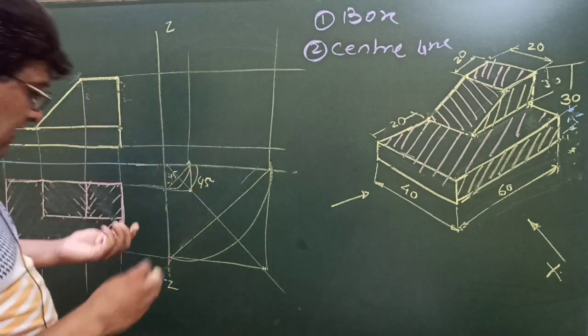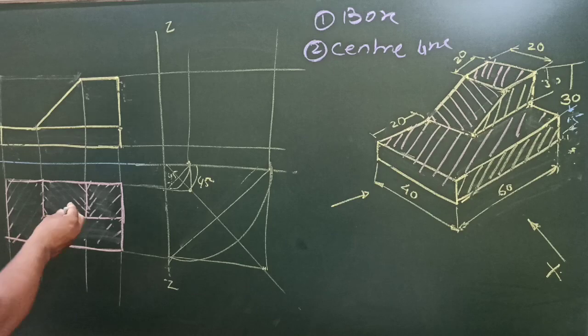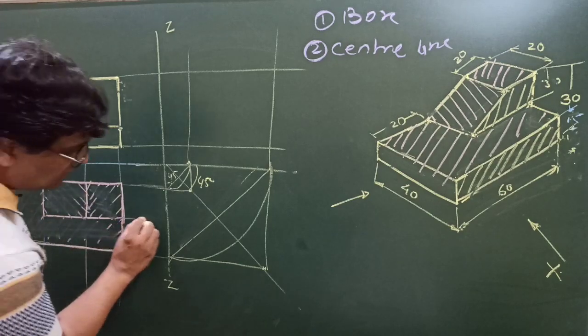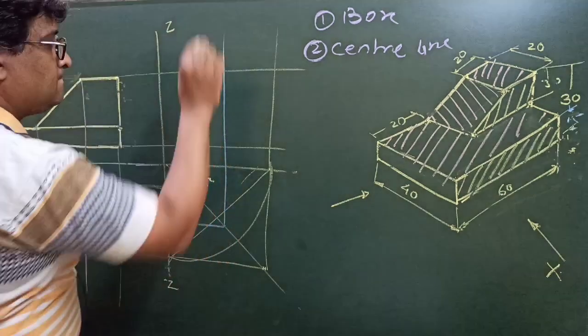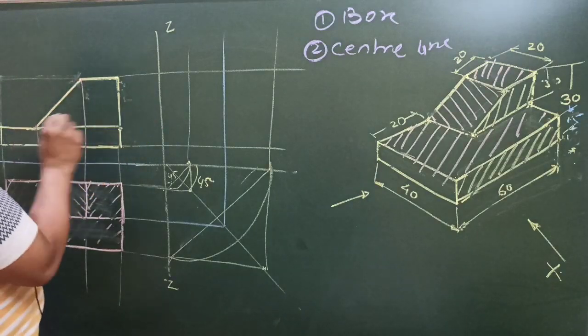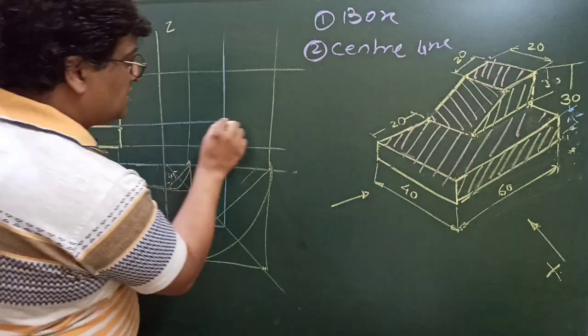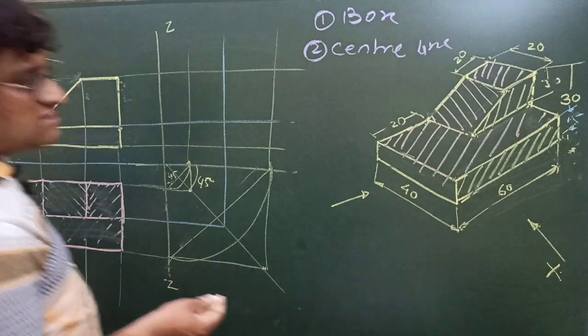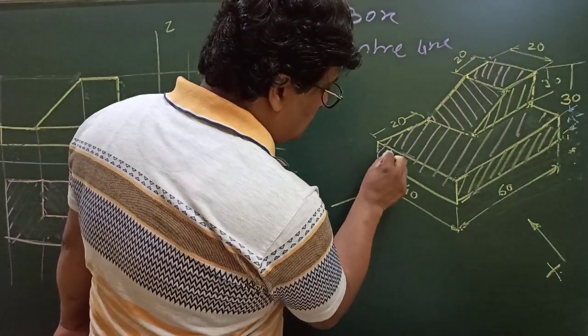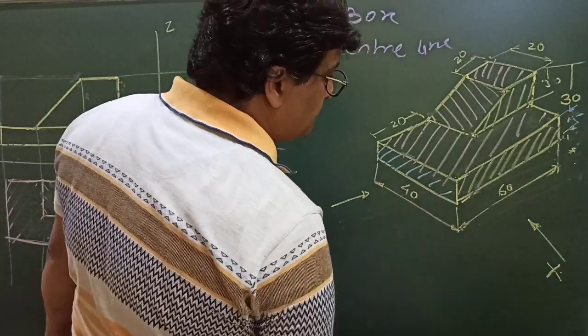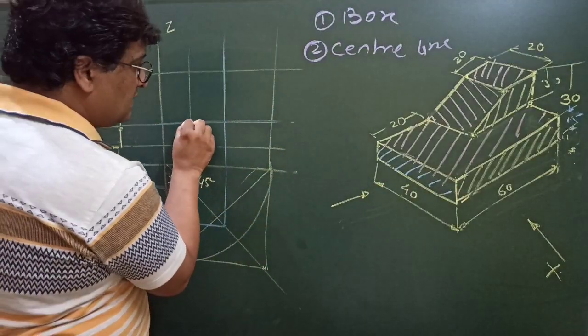When we talk about the side view, what you have to do, you have to project these dimensions from here and from here. So the dimensions are projected like this. So what you are seeing from the side, one is this rectangle, so complete this rectangle here.